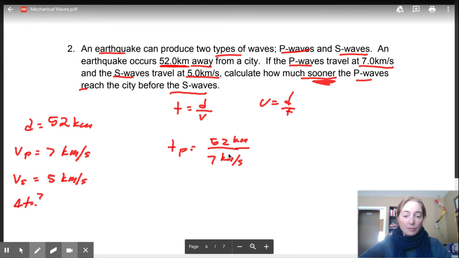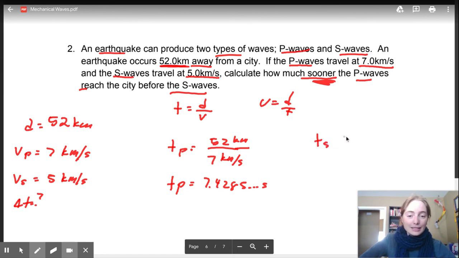Now look at this, guys, kilometers by kilometers. The kilometers will cancel. That's why I don't have to convert, because the units are consistent. So I put that in my calculator, and I'm going to get 7.4285 seconds. Pretty fast wave.